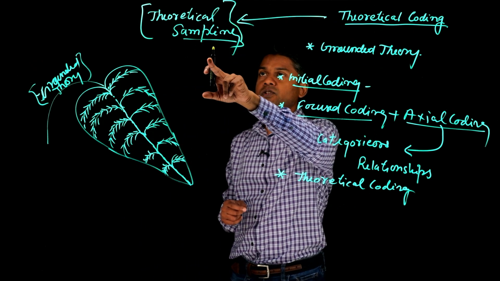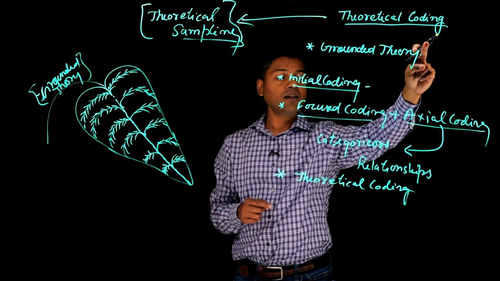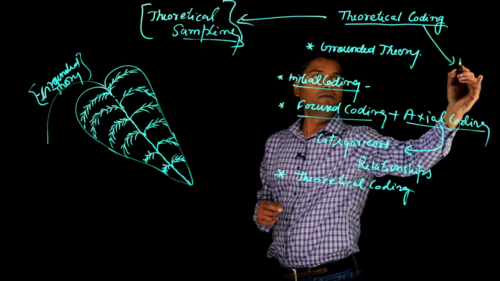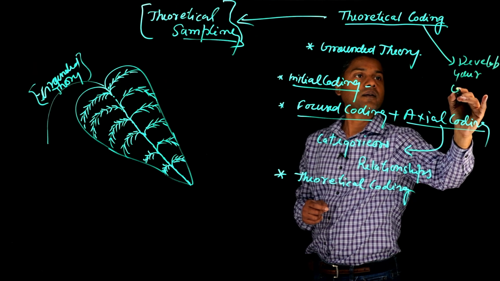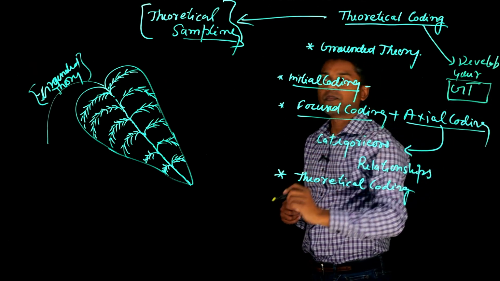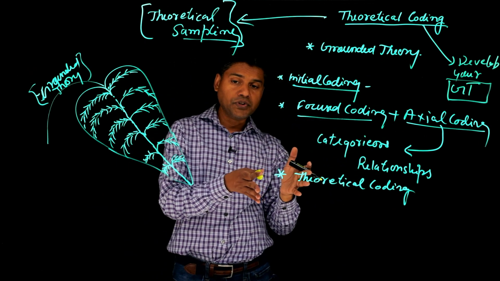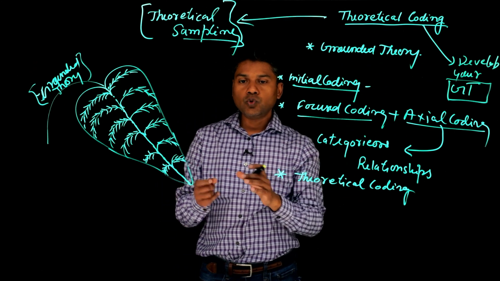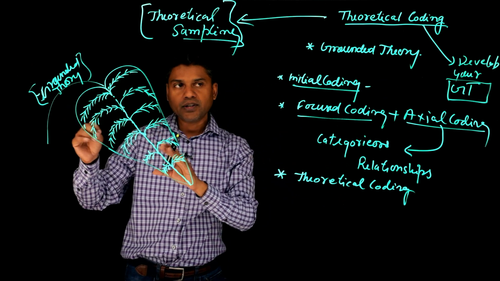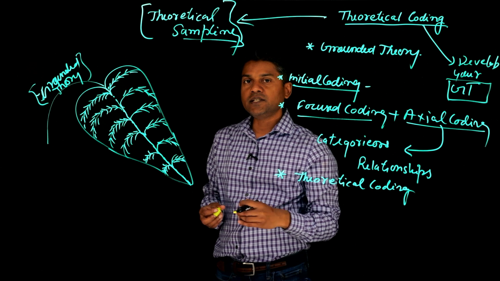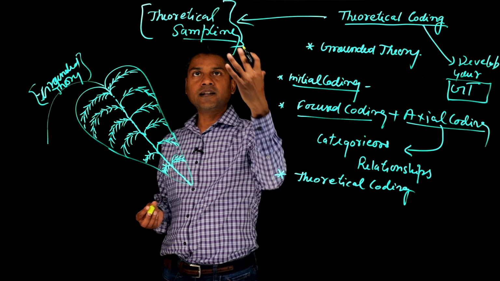And theoretical sampling is done to do theoretical coding, which further leads to developing your grounded theory. So theoretical sampling is done in the later part of the research or data collection, where you have your tentative theory emerging with all its categories, and to refine those categories and your theory even further, you recruit participants, and that's theoretical sampling.